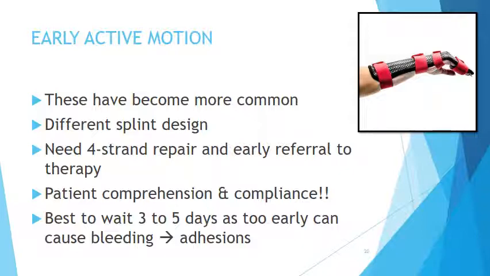The best is to wait 3 to 5 days to let any inflammation settle. Because if you start too early, before 3 days, you can actually cause more bleeding, which then eventually will lead to adhesions. So wait up to 3 days before you commence with your early active motion protocol.